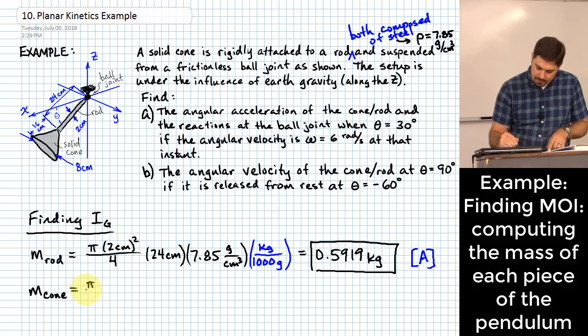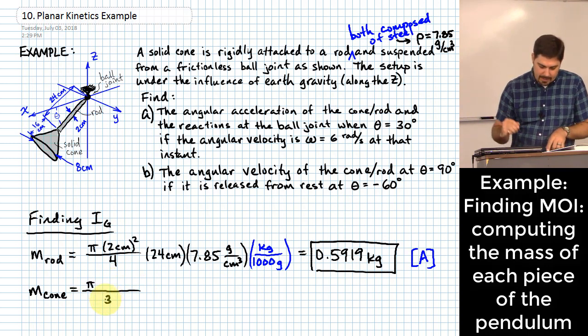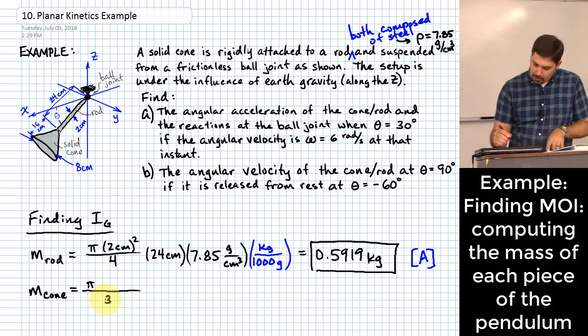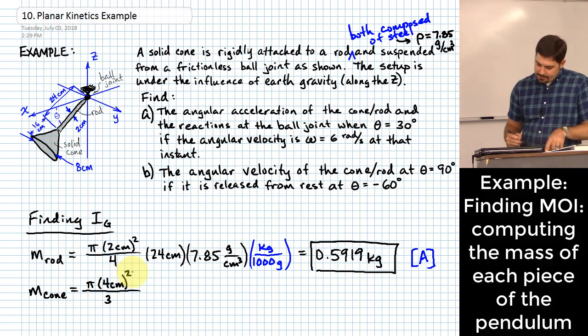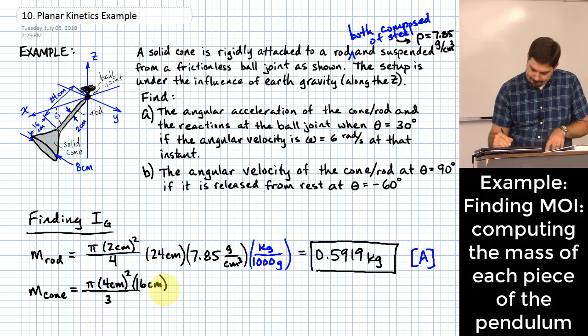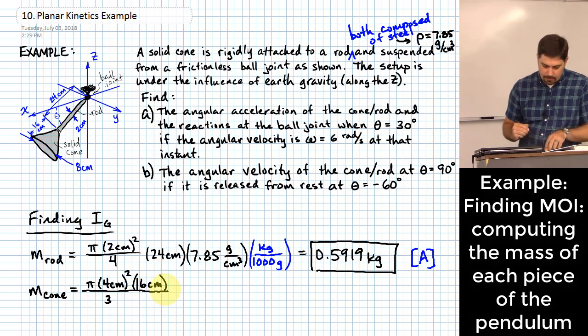I'll just do it this way. Factor of 3 down here. R squared, so r is, again, the radius of that bottom part. The diameter is 8 centimeters, therefore the radius is 4 centimeters. And then h is 16 centimeters for our cone.